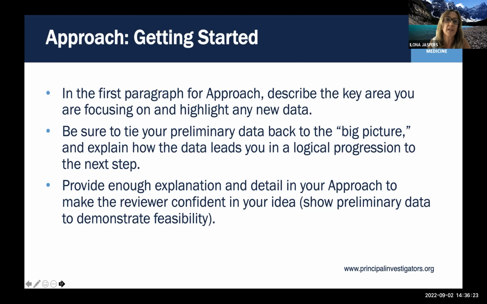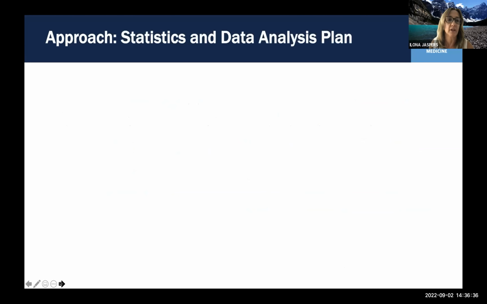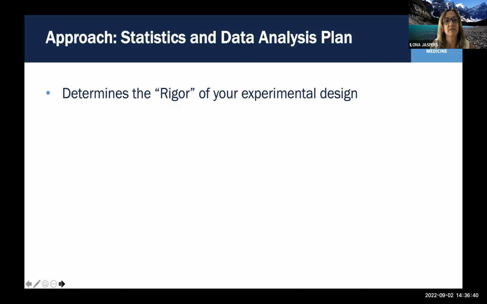Proof of concept studies or data, even though they may not have any relevance to the exact research you're proposing to do, are really important to provide confidence for me as a reader that you can actually do this.